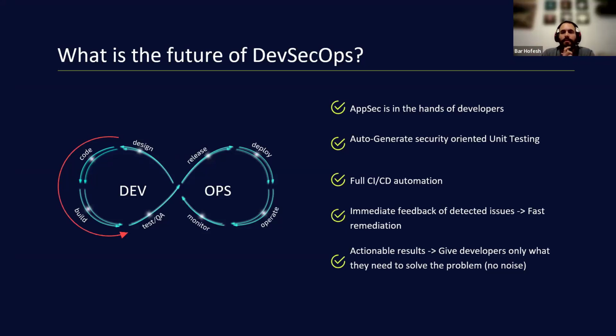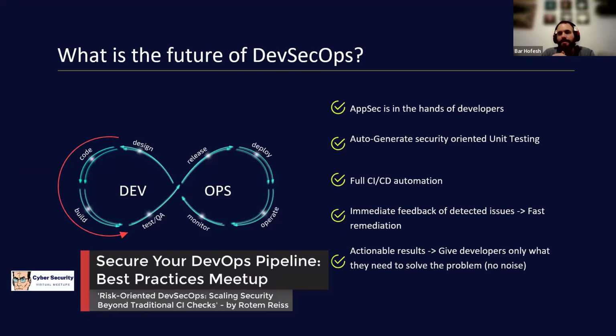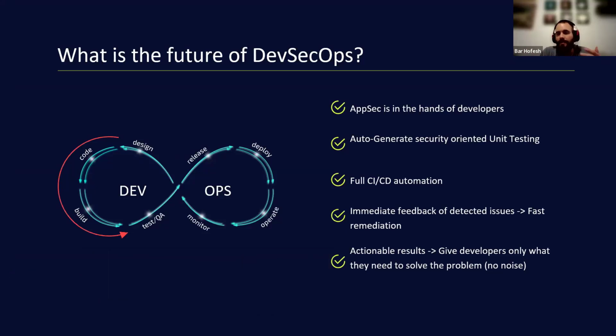There is a concept that I mentioned before, which is false positives. False positives kill productivity. It's a concept that we call alert fatigue, but basically, if you generate 5,000 findings, no developer is going to look at those findings.